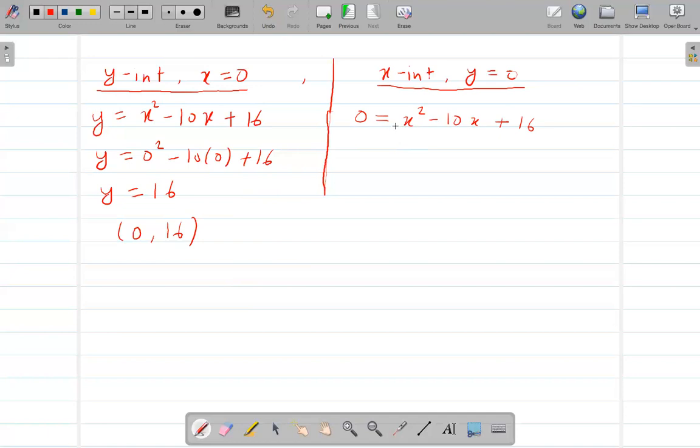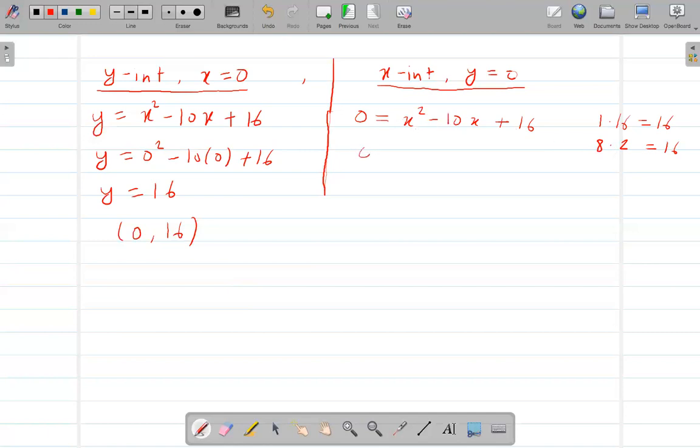Basically, you have to multiply this A and C. So 1 times 16, which gives 16, right? And then find the factors of 16. 16 times 1 is 16, 8 times 2 is 16. So we need to use one of these ordered pairs to modify this middle part.